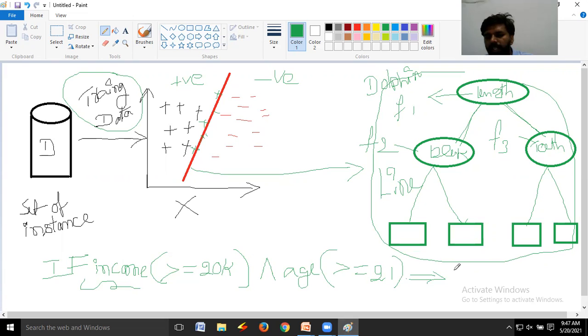Here the loan decision is yes, we can give the loan. This is the rule which is used by the branch manager or some authorized loan approval person. This is the rule model.